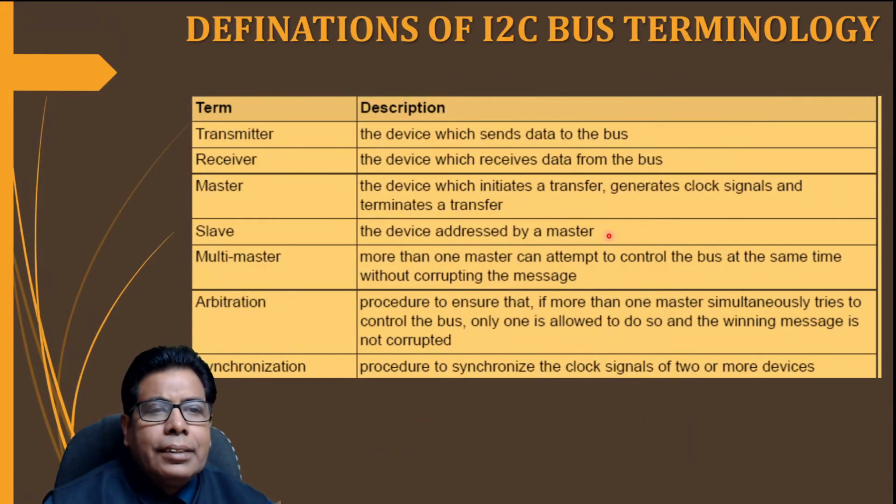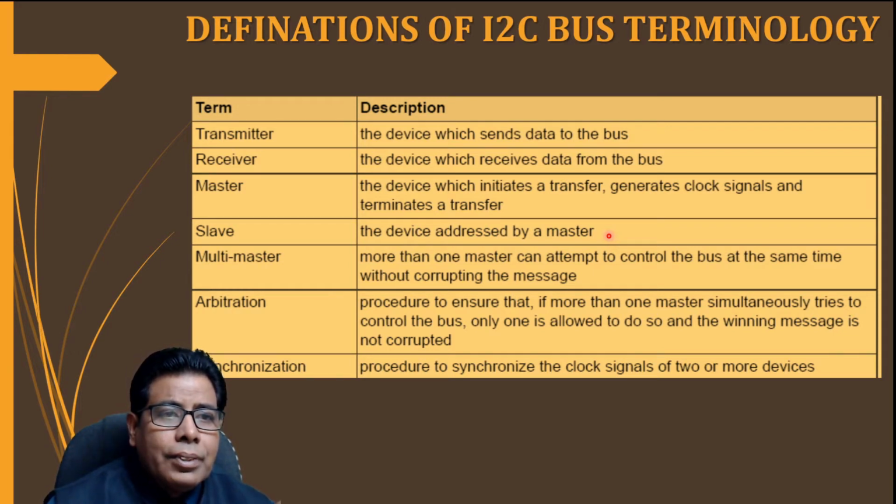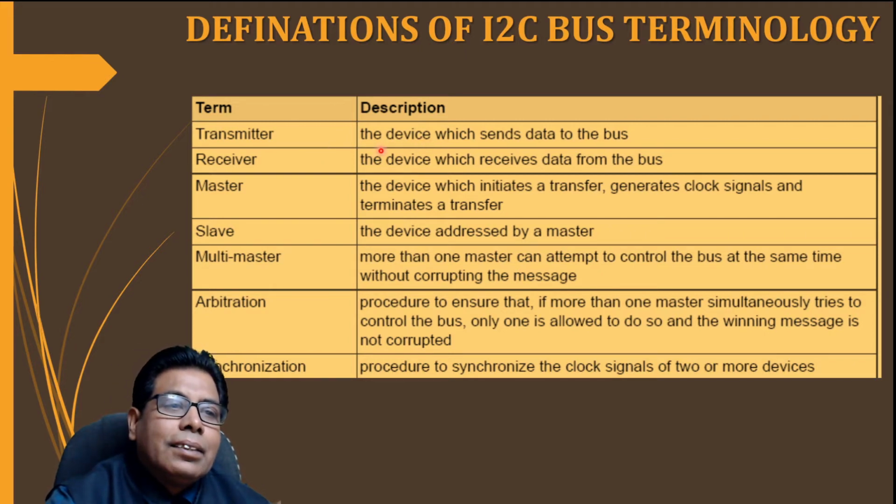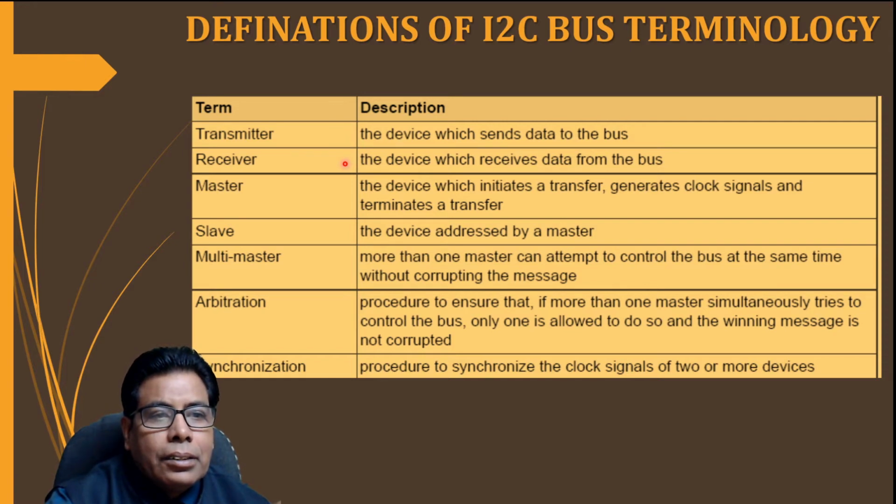Then let us see some of the definitions of I2C bus terminology. Transmitter is the device which sends the data to the bus. Receiver is the device which receives the data.